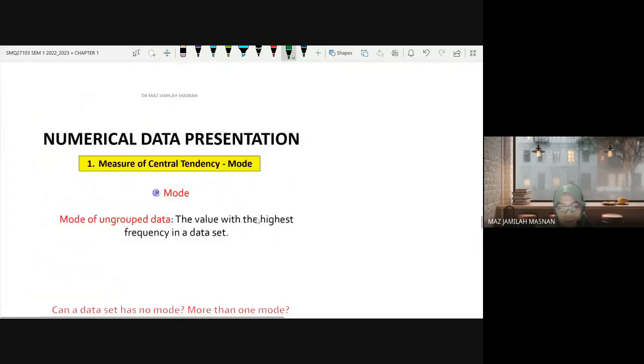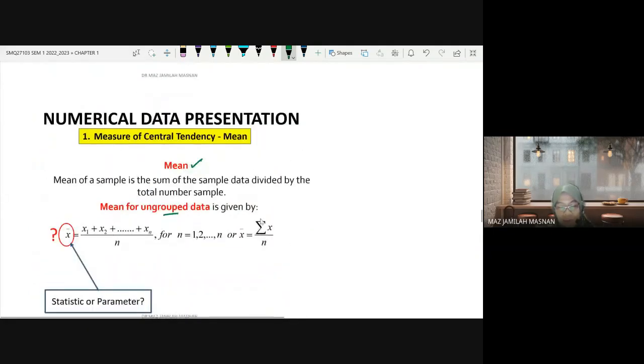In this slide, I only include for grouped data. Since we are talking about Excel, our concentration will be based on the ungrouped data. But if you wish to know more about your grouped data, you can refer to your textbook. The textbook clearly discusses how we can use the grouped data to find each of the measures of central tendency.